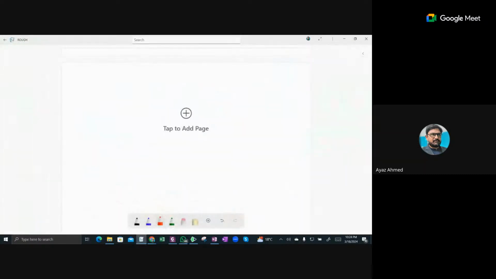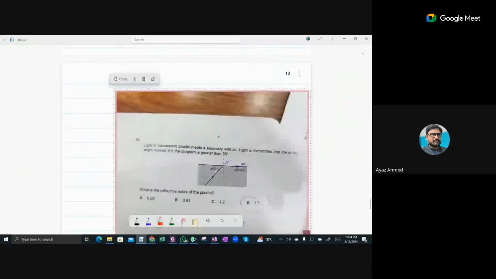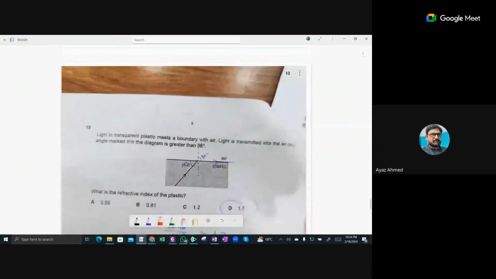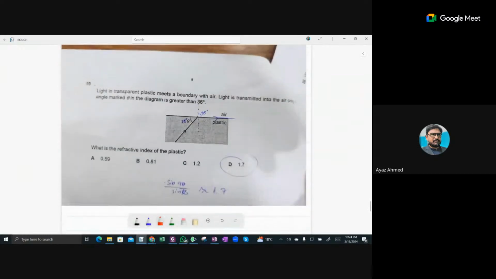Okay, good. So we have pasted that over here, and here is one related to your total internal reflection stuff. The light in transparent plastic meets the boundary with air.